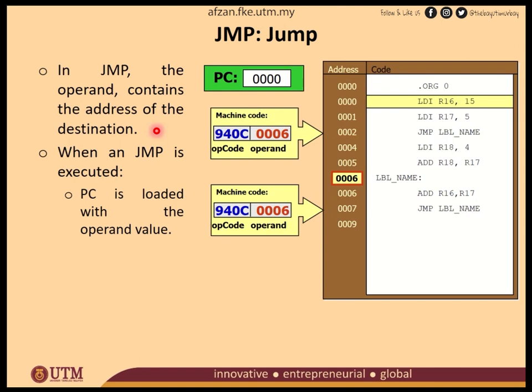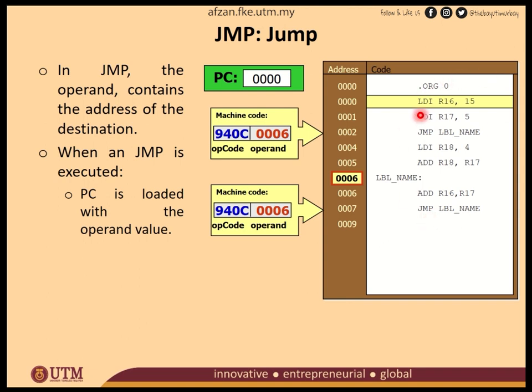In the JMP, the operand contains the address of the destination. When a JMP is executed, the PC, or program counter, is loaded with the operand value, the address value. For example, here is the program. This is your program memory address, starting from address 0000, because we originate our program at address 0. This is our program memory, and these are our instructions.